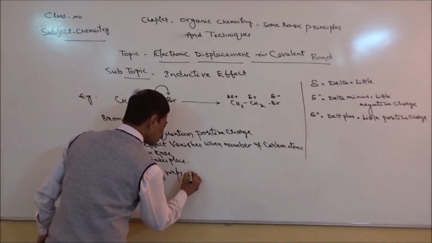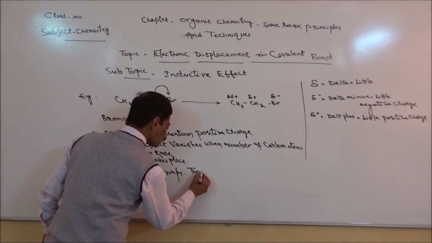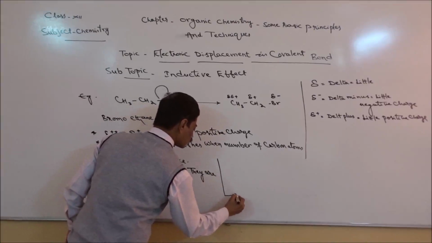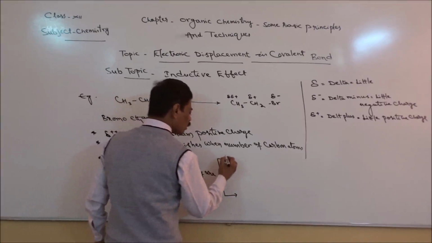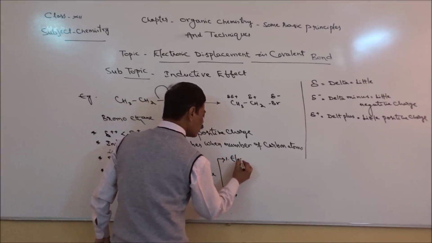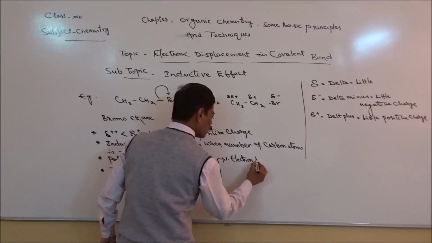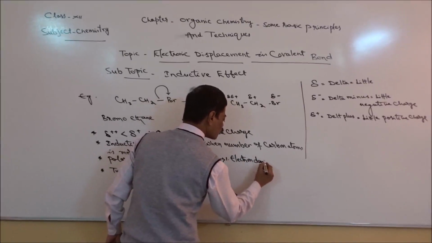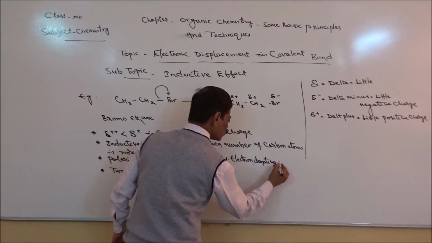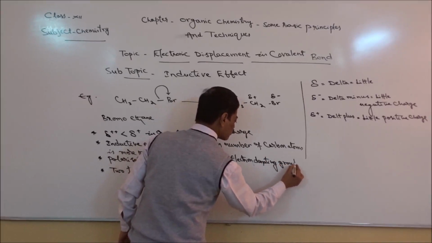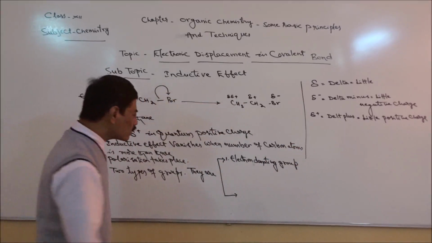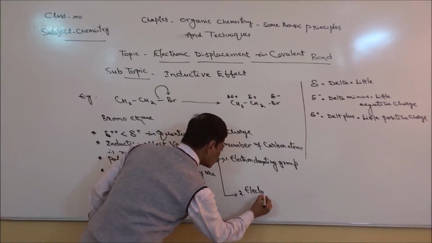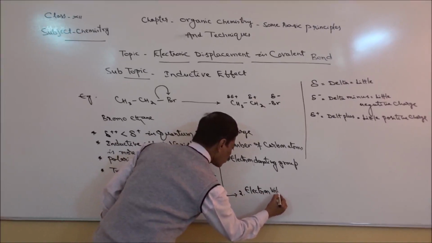They are, number one, electron donating group, and second type is electron withdrawing group.